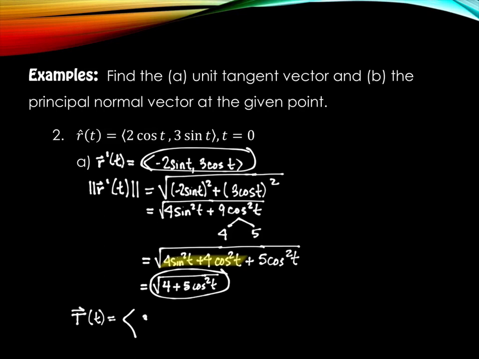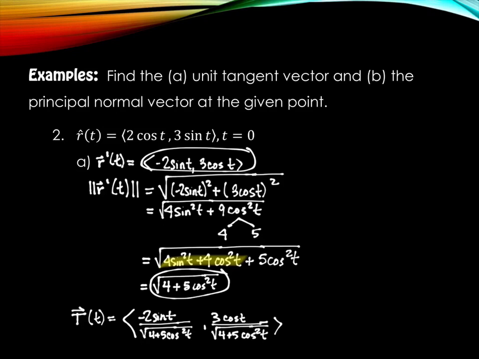So we have negative 2 sine t over the square root of 4 plus 5 cosine squared of t, and then 3 cosine t over the square root of 4 plus 5 cosine squared t. That is the general form, right, with t in it that we didn't do on the last problem. But we need that, otherwise we're not actually able to progress to the next step.